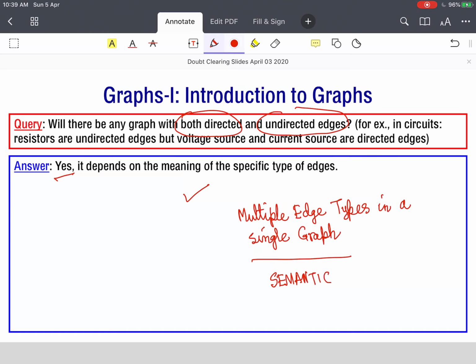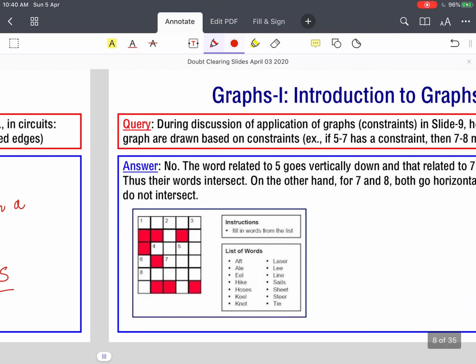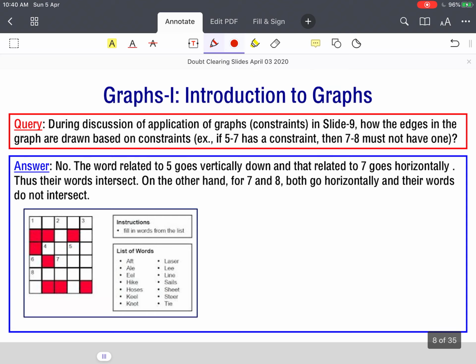In areas where you come to problems called semantic graphs, you can express many types of relationships. One edge could be the distance edge, one edge could be the neighbor edge, the other edge could be some connection or constraint between two nodes. So there can be multiple types of edges, as I have mentioned.